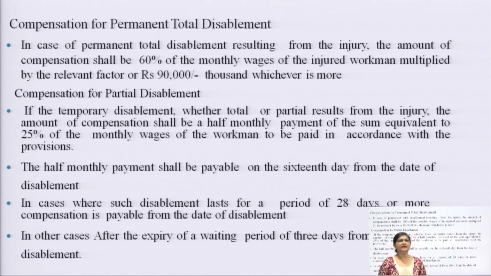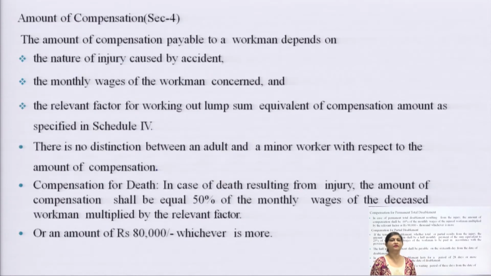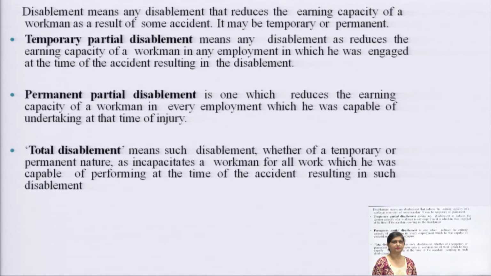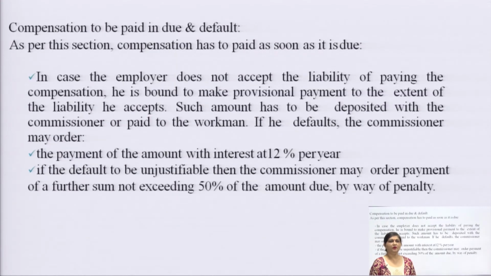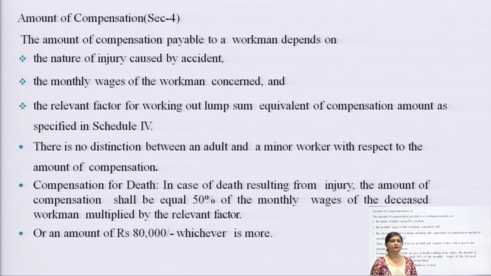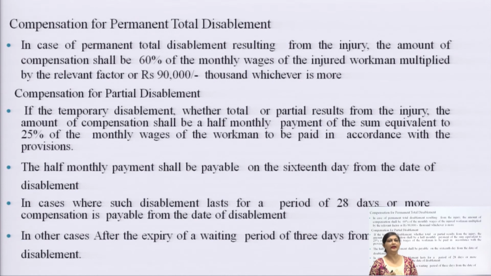Now, next is compensation for permanent total disablement. See, in the last slides we have studied about permanent total disablement and partial disablement, and then we have studied about total disablement, where the employee is not able to work anymore.